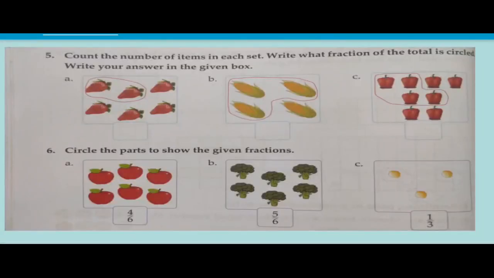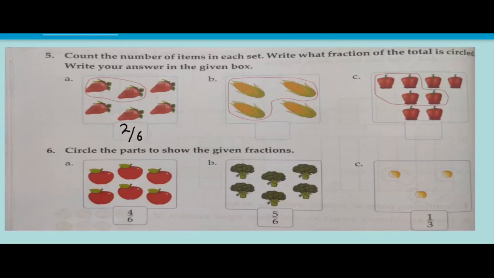Now here it is very easy. You have to count the number of items in each set. You have to write what fraction of the total is circled. Write your answer in the box. So you just have to count the circled ones first. So there are 1, 2, 3, 4, 5, 6 strawberries. Out of 6 strawberries, how many are circled? 2 are circled. So you will write 2 by 6.